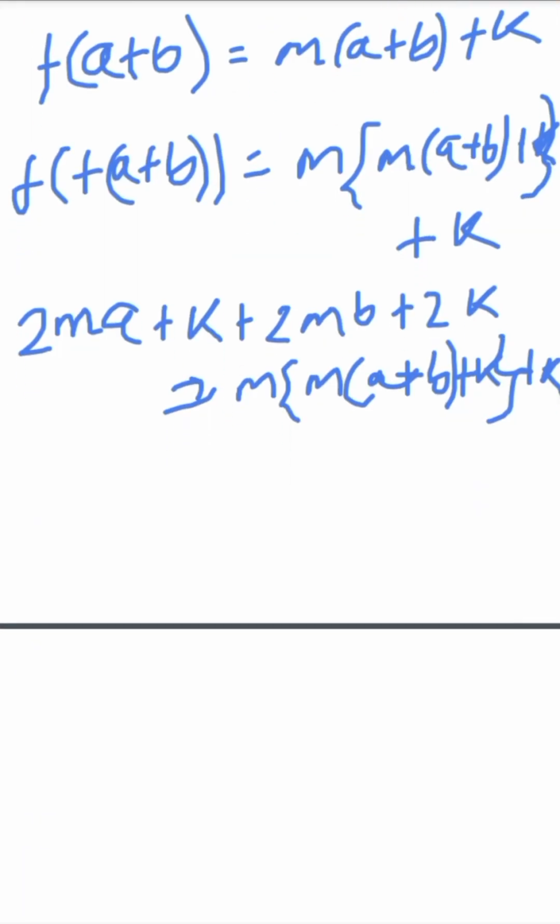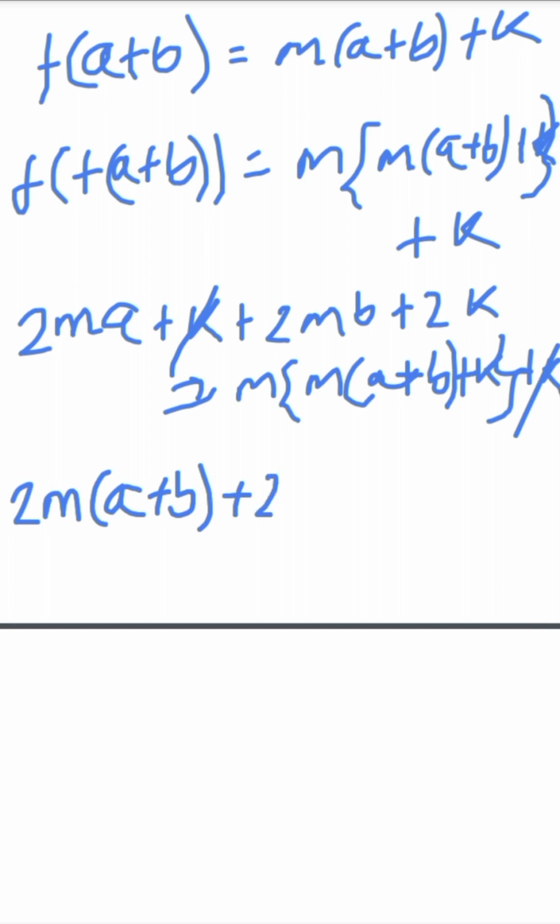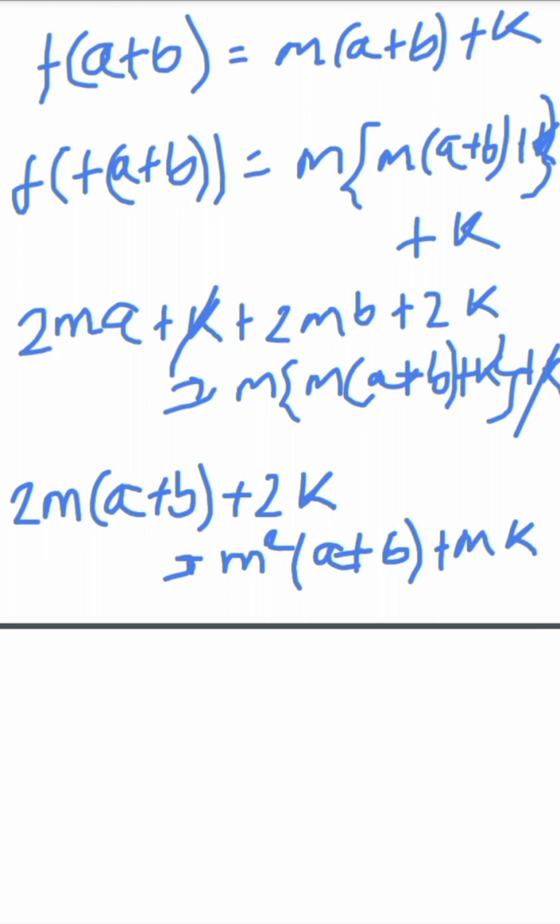So guys, now we are going to simplify it. First of all, you can cancel this k and this k. We will get 2ma plus 2mb. So from here we can take 2m as common, then it will be (a+b), then plus 2k equal to, we can simplify it, m squared (a+b) plus mk. Now let's take everything on the left side.